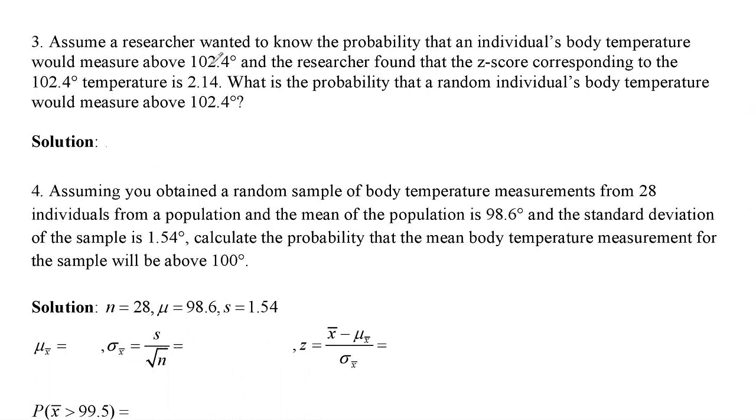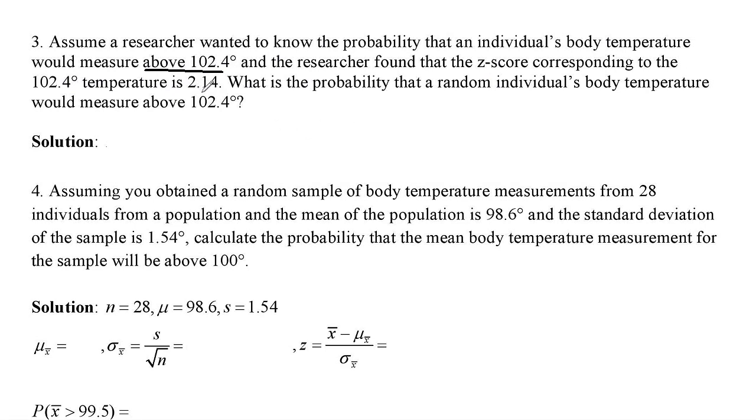And then in the next to last example problem here, we're looking at a researcher who wants to know the probability that an individual's body temperature would measure above 102.4. This researcher found the z-score corresponding to a 102.4 temperature is 2.14.